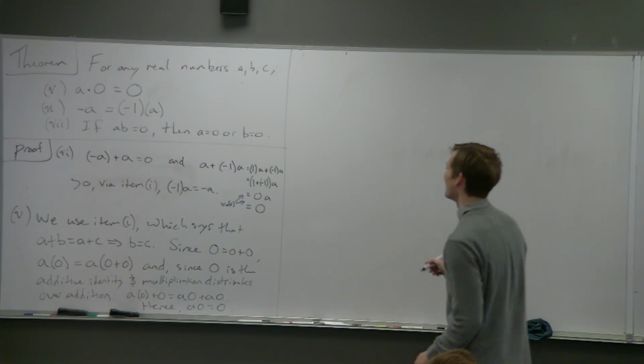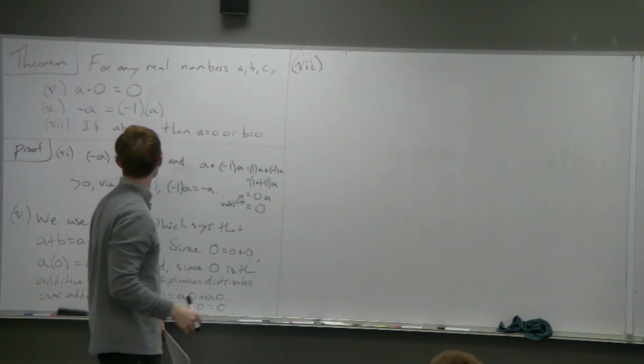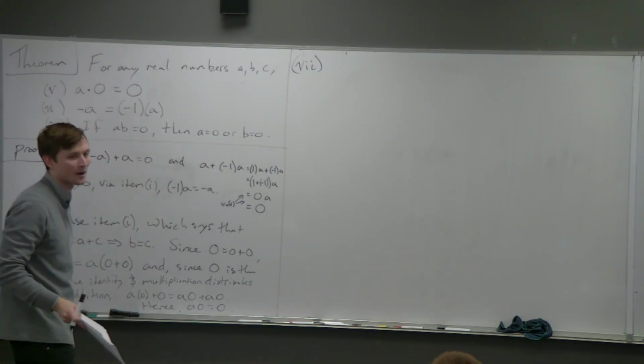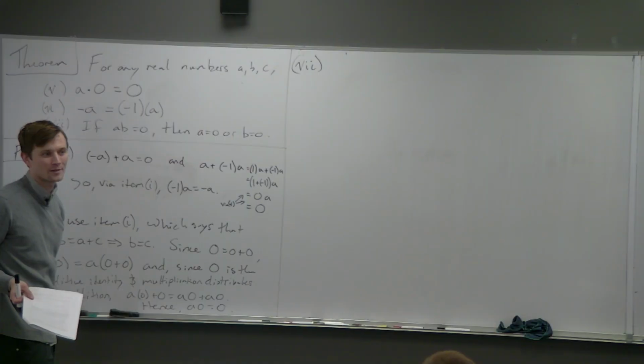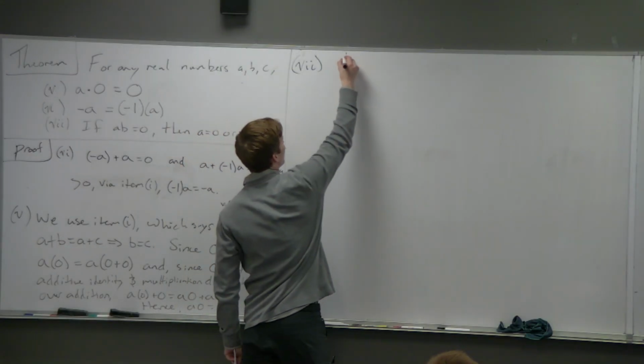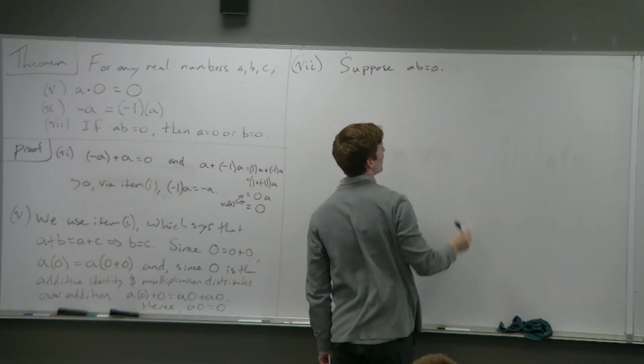That'd be great. So let's do 7 just to finish everything up, which says that if AB is equal to 0, then A equals 0 or B equals 0. What should we do there? Okay, so you're going to say suppose AB equals 0.